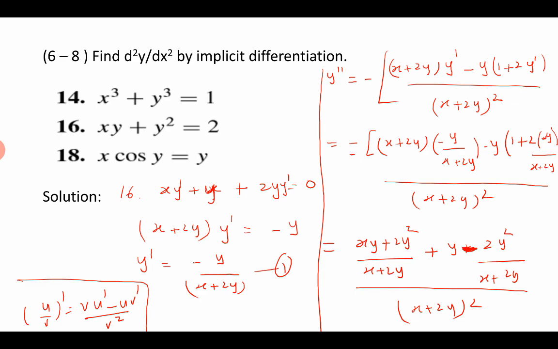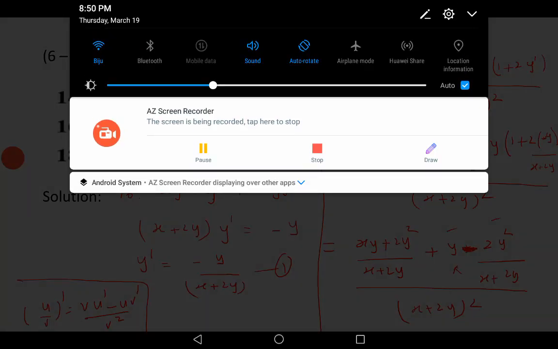In the next step, we will take LCM for the last two terms. This term and this term, we will take LCM, cross multiply this one here, and then we'll be done. In the next page we will do it.